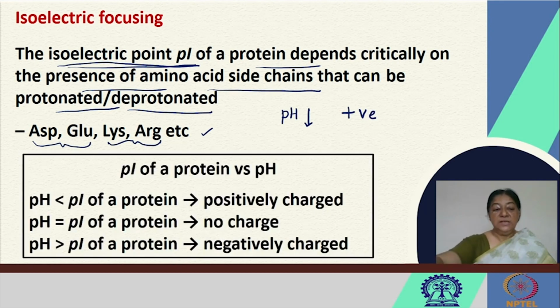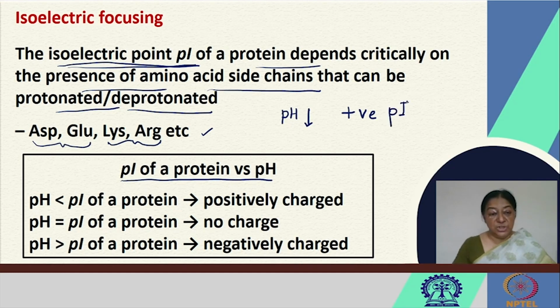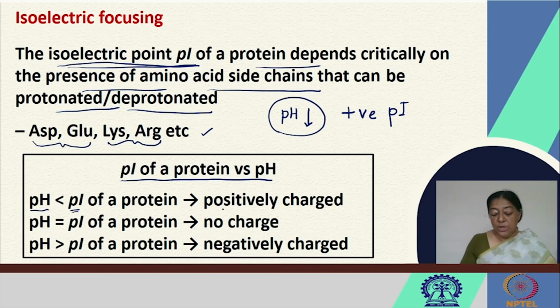This leads to an interesting idea for the experiment: if we are looking at the pI of the protein based on its particular charge, then if the pH is less than the pI of the protein, that is a low pH, the protein is positively charged. When the pH is at the pI of the protein, there is no charge, and when the pH is greater than the pI of the protein, we have a negative charge.